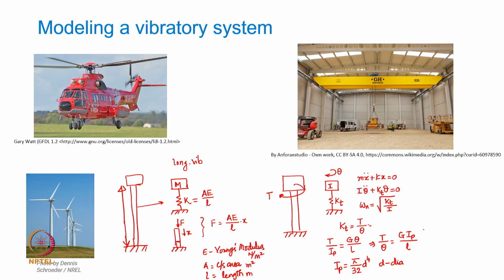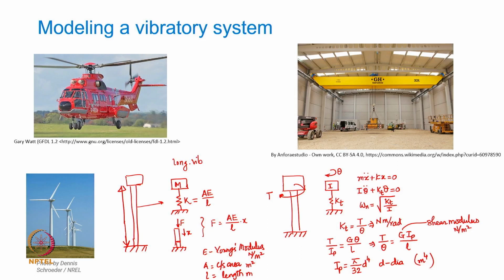And G of course we all know is the shear modulus, given in Newton per square meter. Ip will be in units of meter to the power 4, and this is how you will get the value of kT, which will come out in units of Newton meter per radian.